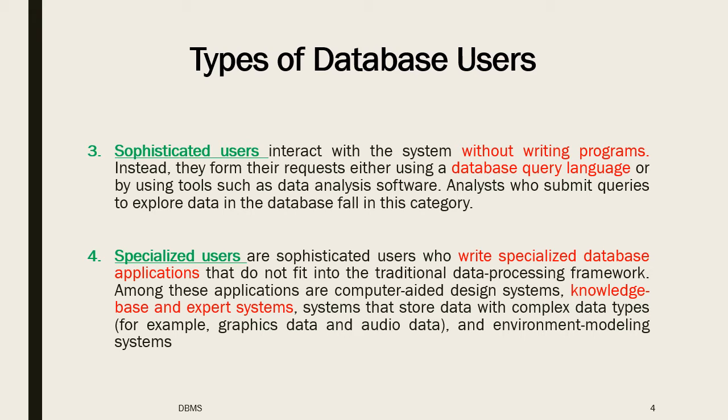These users don't write programs. Instead, if there is a large volume of data and they want something from the database to analyze, they fire a query to the database, get the data they want, and then analyze it. So these kinds of users are sophisticated users.